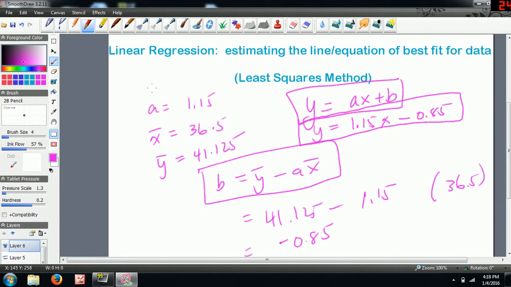So when we had that data and we graphed it in a scatter plot like this, the line of best fit is the line that's perfectly centered and represents your data in the best way. And to find that actual equation for the line of best fit, we use the least squares method, which is what I just went through right here, okay? So this is linear regression. It's the line of best fit for data, how to find the equation of a line of best fit.